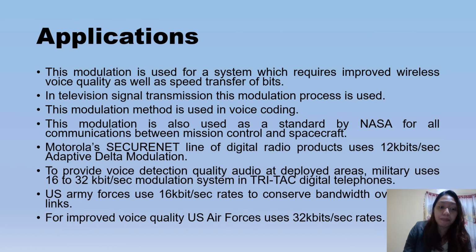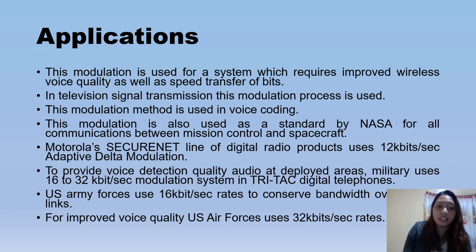So we have here the applications of adaptive delta modulation. This modulation is used for systems which require improved wireless voice quality as well as speed of transfer of bits. In television signal transmission, this modulation process is used. The modulation method is used in voice coding.